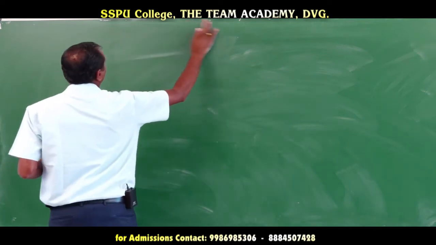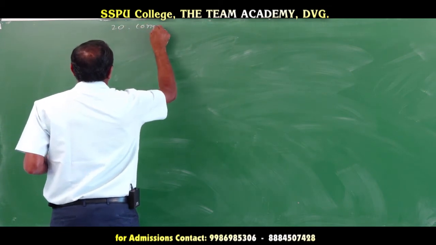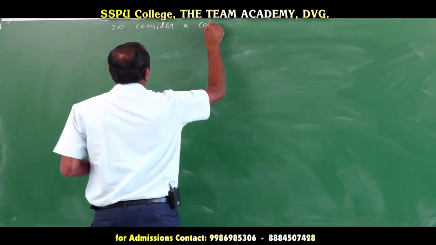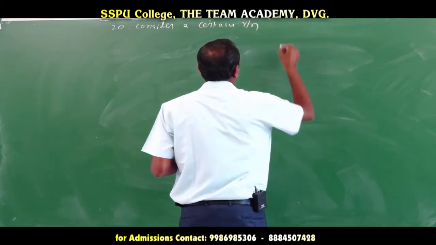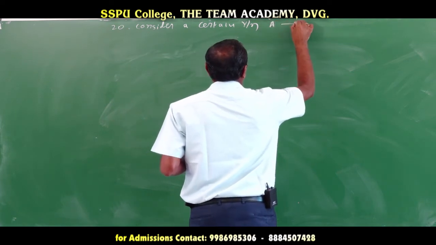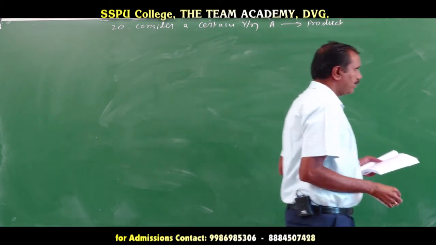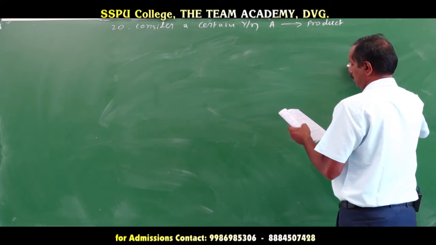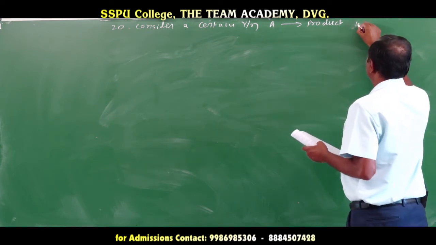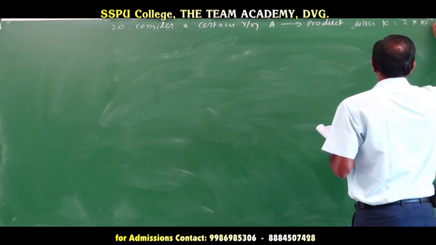Next problem. Consider a certain reaction with K equals 2 into 10 to the power of minus 2 per second.